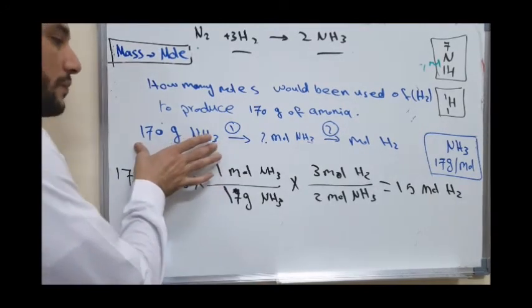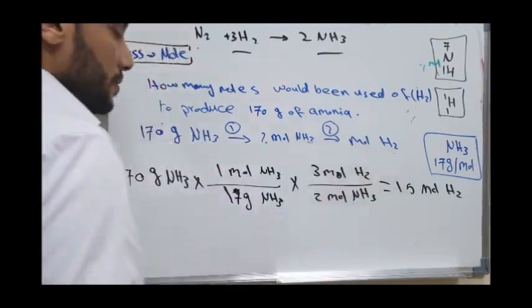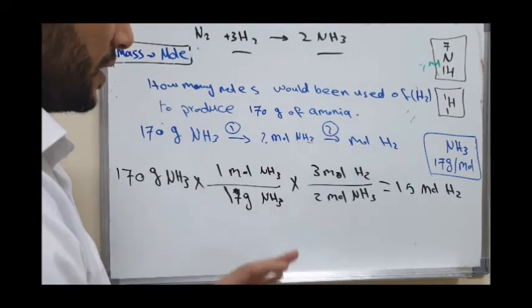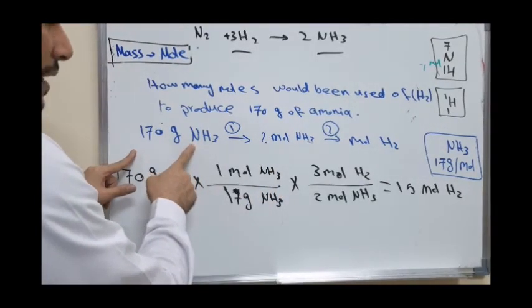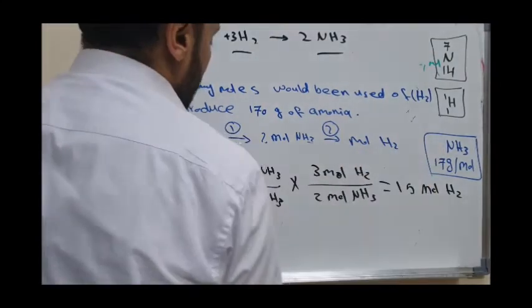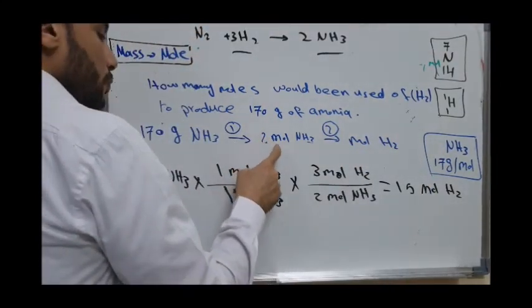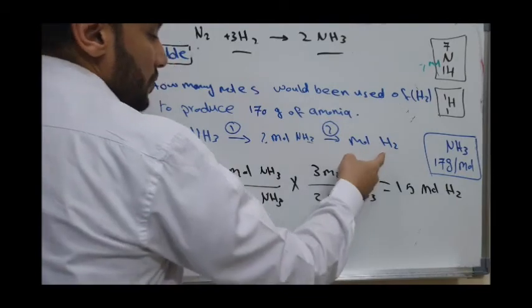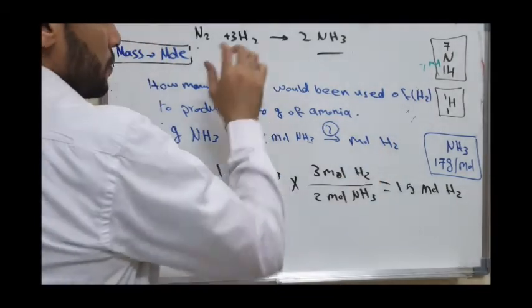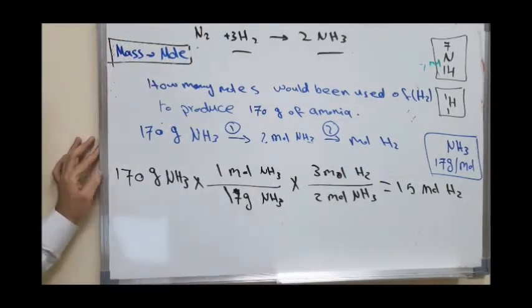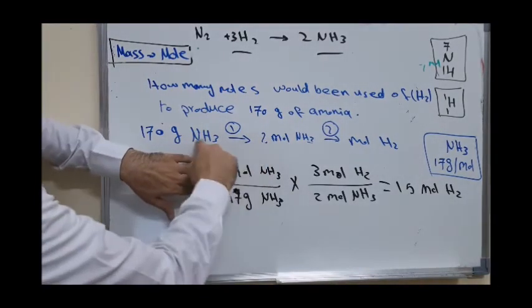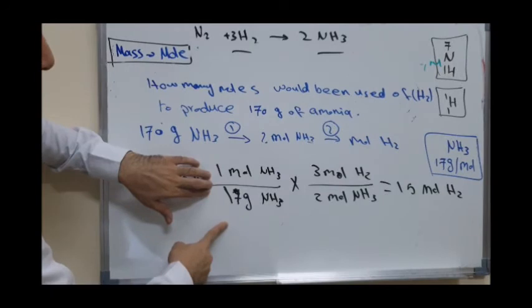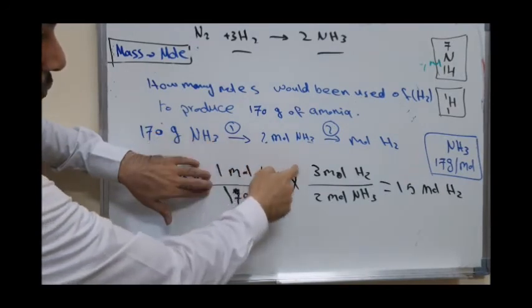We can't convert it directly. We have to calculate the moles of the same substance in the beginning using the molar mass. Then, with the moles of this substance, we can convert to the moles of another substance using the chemical equation.